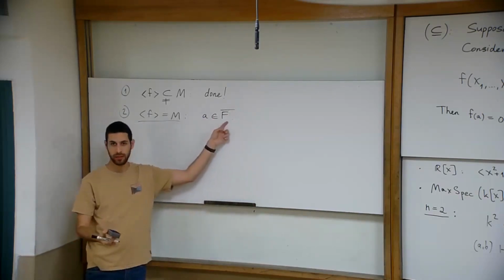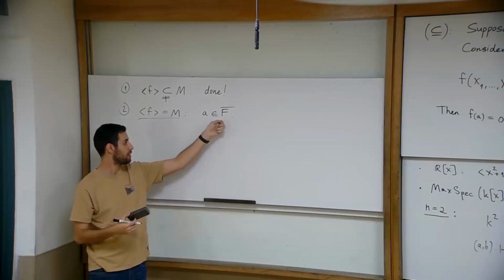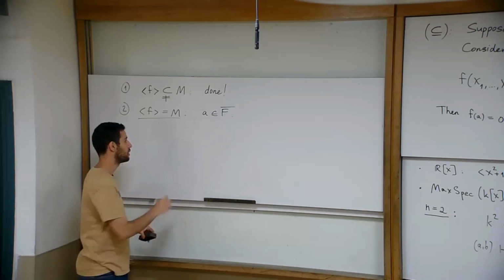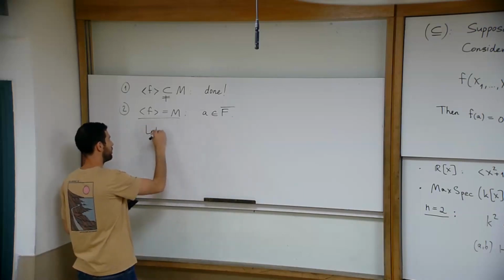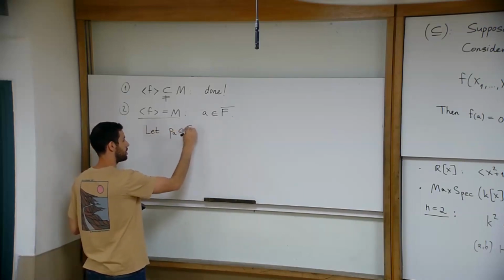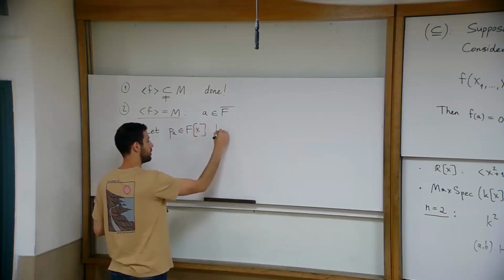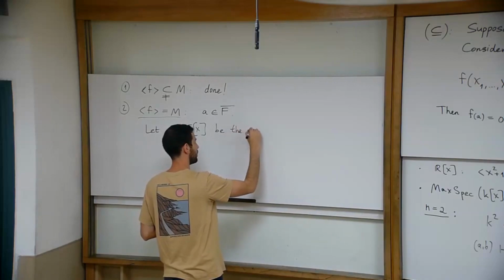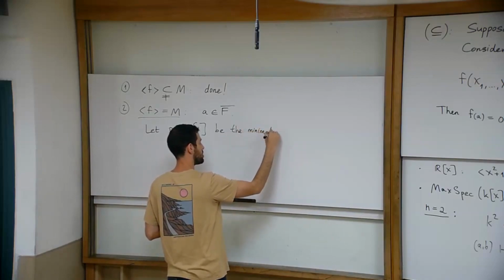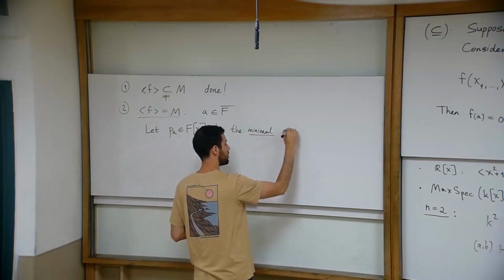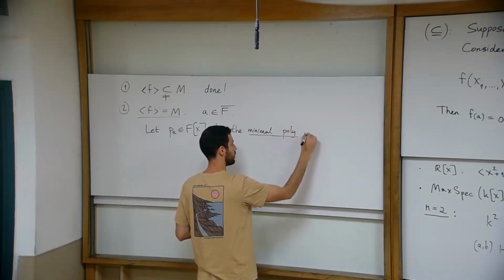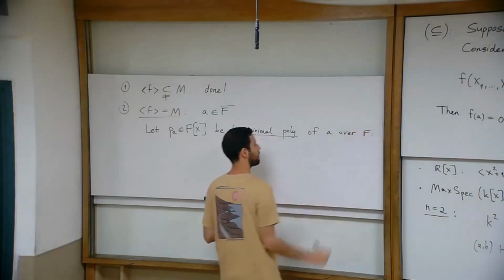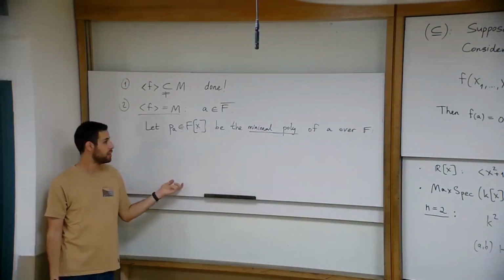F bar, the algebraic closure, is in particular an algebraic extension of F. So in particular, a is algebraic over F. So let m_a in F[x] be the minimal polynomial of a over F. What is the minimal polynomial?